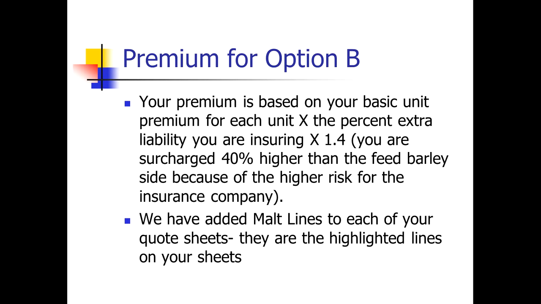In other words, if we're adding another 50% of coverage to your insurance using the malt barley option, you're going to pay 50% of what your optional unit premium would be on the quote sheets that we send you, times 1.4. So you're paying 40% more than you would for comparable coverage on the feed side. And we added malt lines to your quote sheets. If you're looking at this presentation as one of our customers, there will be highlighted lines on those quote sheets, and that will show you roughly what it would cost to do the malt barley option for you.